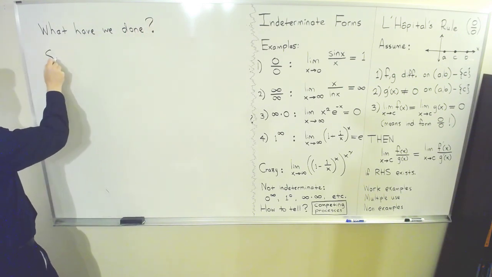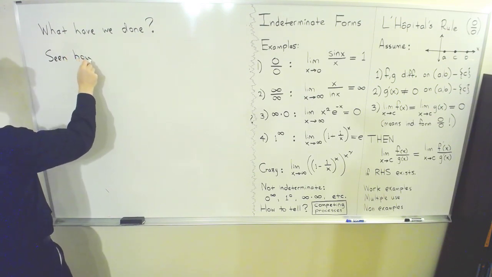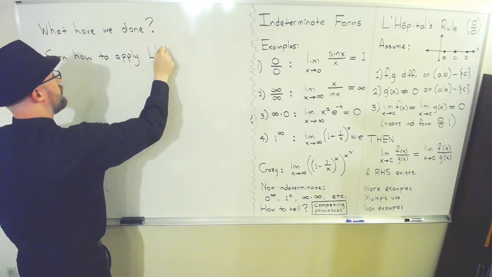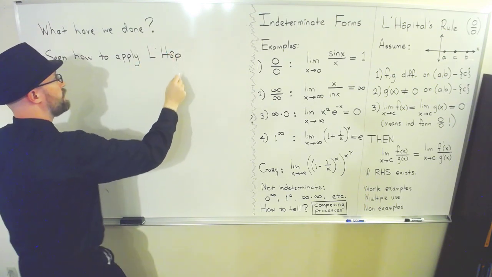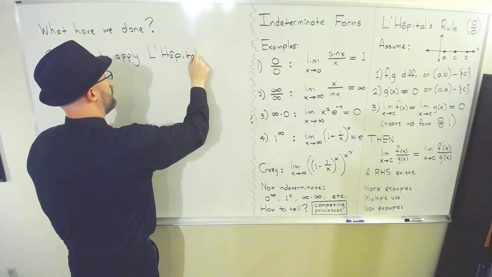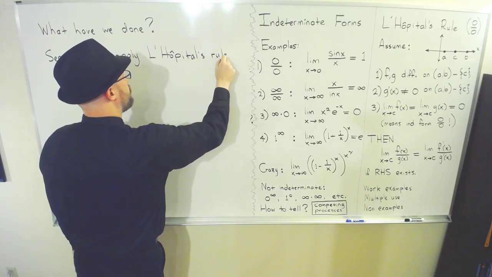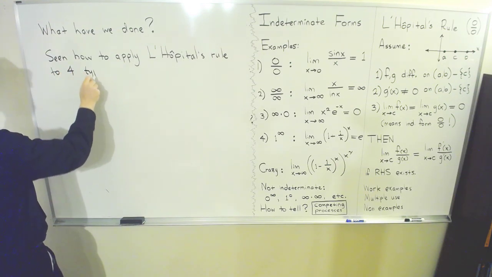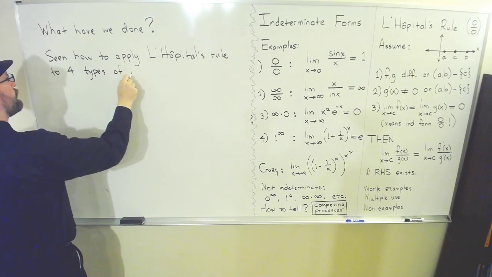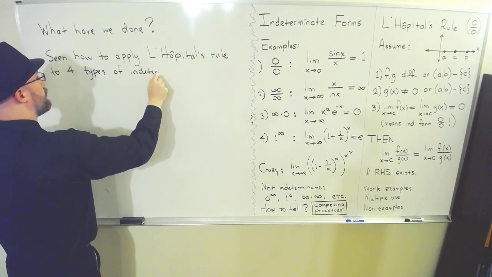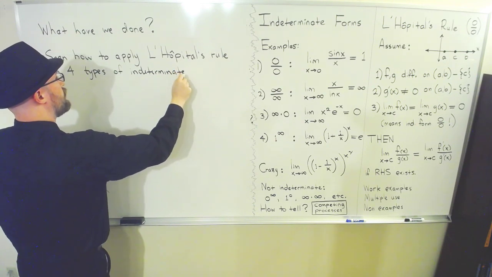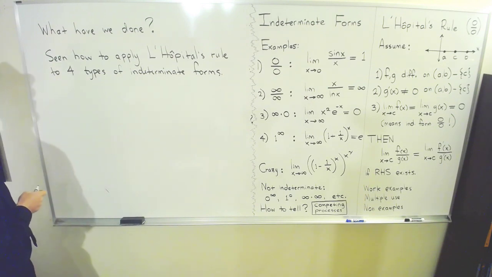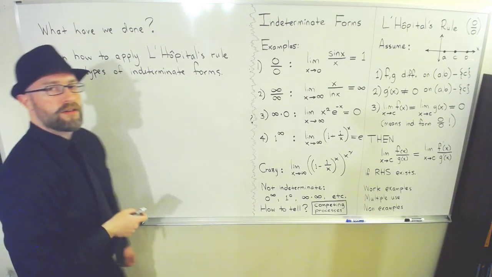Well, we've seen how to apply this nice little bit of technology we have here, L'Hopital's rule, to 4 types of indeterminate forms. And it's taken a while to get there.